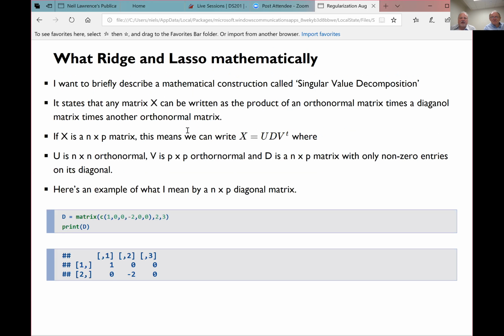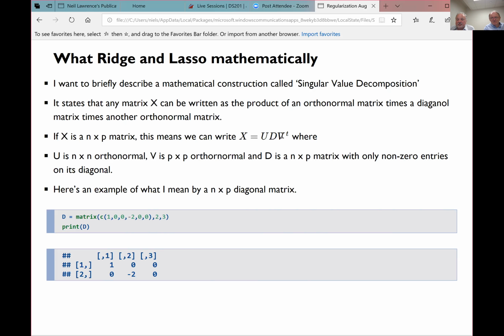Okay, so let me very briefly talk about PCA, and we'll talk more about this next week and the week after. But just as a first introduction, there's an important theorem in linear algebra called the singular value decomposition. What it says is if you take any matrix X, you can write it in this very special form, U times D times V transpose, where U and V are orthonormal matrices.